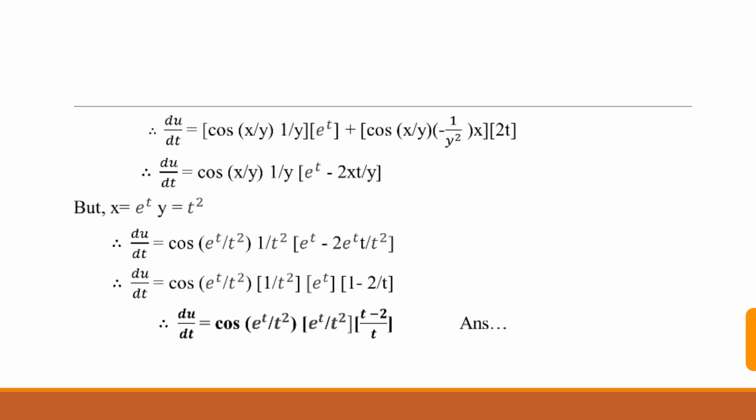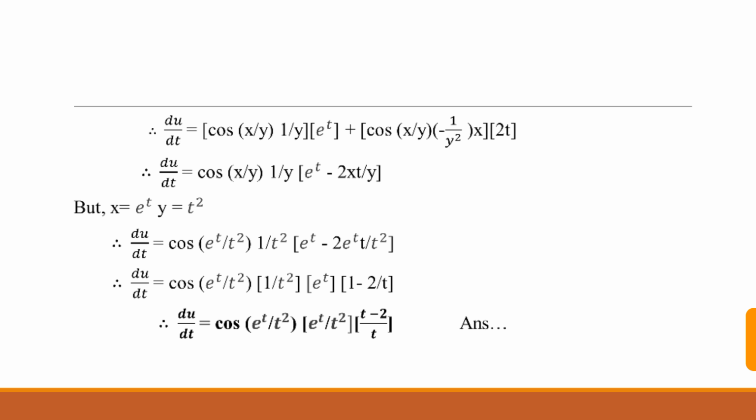But we know that x is equal to e raised to t and y is equal to t square. Put these values in this step, and we get du by dt is equal to cos of e raised to t upon t square into 1 upon t square, in bracket, e raised to t minus 2 into e raised to t into t upon t square.